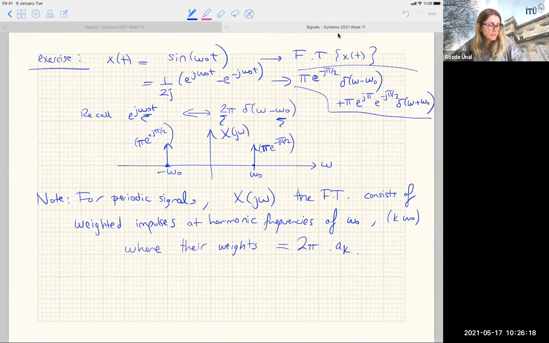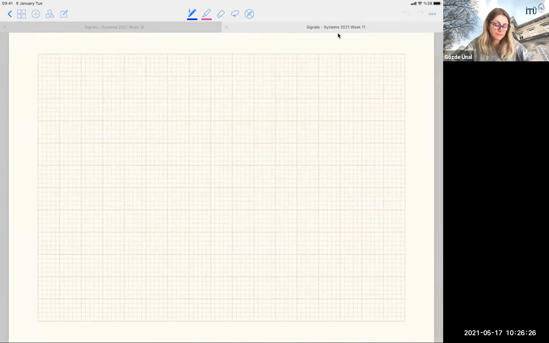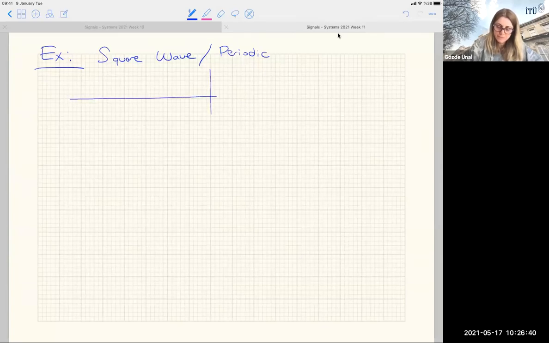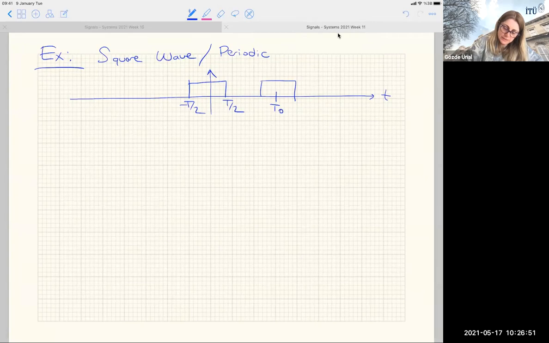So, for instance, we can do two examples. Let's look at an example where we have a periodic signal, a square wave. Let's plot this. I think we started with this signal today, remember? From minus T over 2 to T over 2, it was repeating itself at every T0, minus or plus 2 T0.